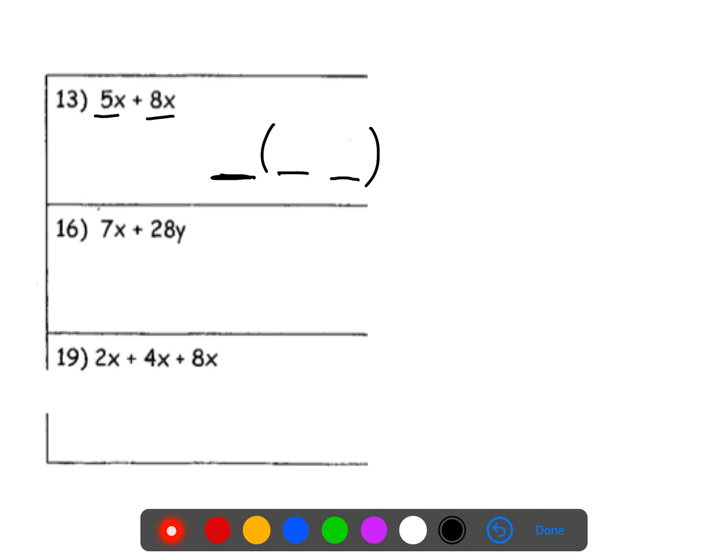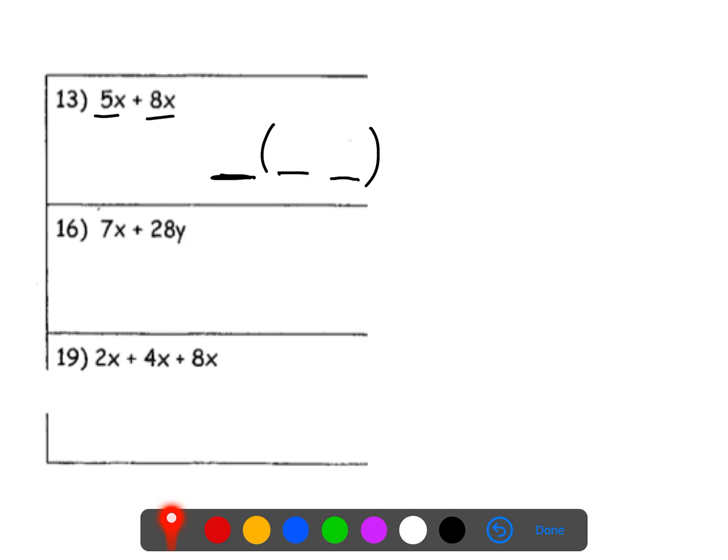And then I need a factor on the outside of the parentheses. So I need to look at these two terms and think, what factor do they have in common? Well, 5 and 8 don't have a common factor. Because 5 is a prime number, 5 is the only factor of it besides 1.